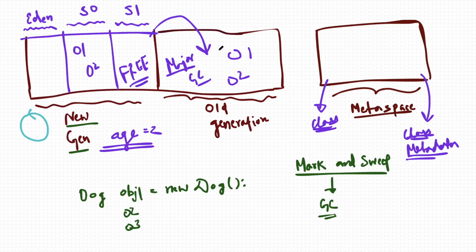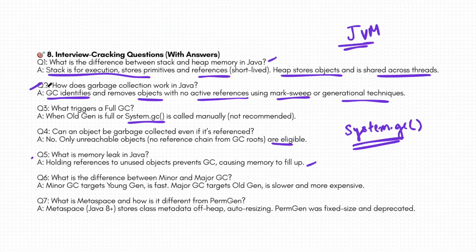So the major garbage collector will run on the old generation, and the minor garbage collector will run on the new generation, and that's all you need to know. And Metaspace, we have already learned Metaspace. It stores the class metadata. Okay, heap resizing, and PermGen was fixed size and deprecated. Now Metaspace is the new name.